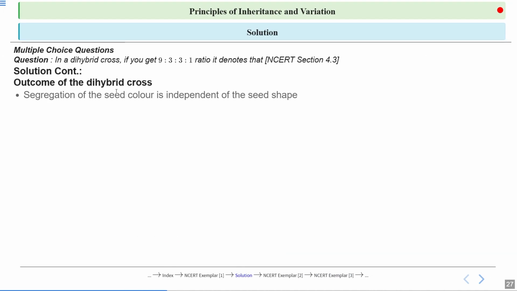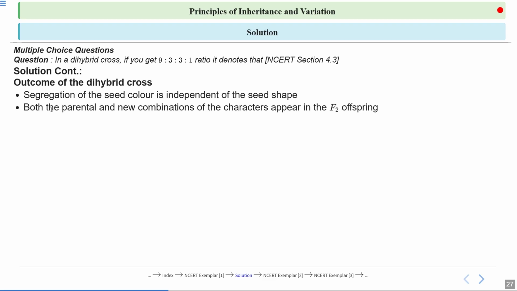Okay, what is the outcome of this cross? This shows that the segregation of seed color is independent of the seed shape, because you are getting new combinations here. You're getting parental combinations and new combinations also. This is due to the law of independent assortment. Here the segregation of one trait, which is seed color, is independent of the segregation of another trait, which is seed shape.